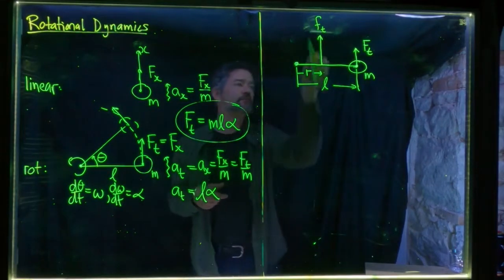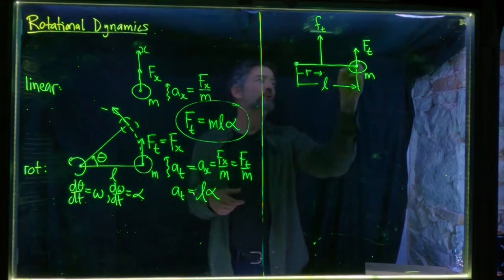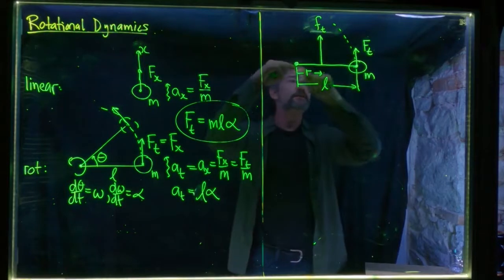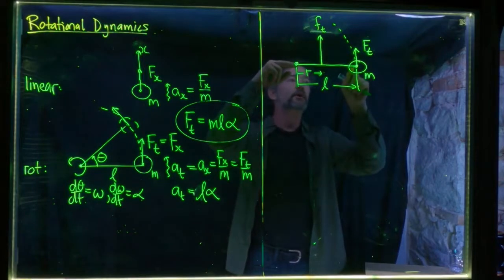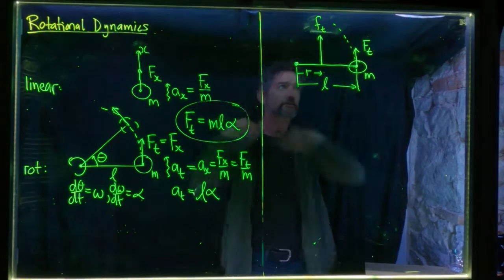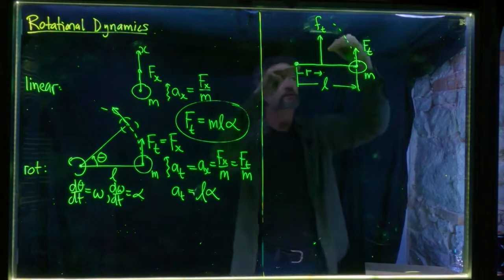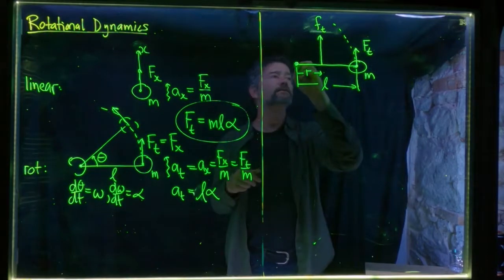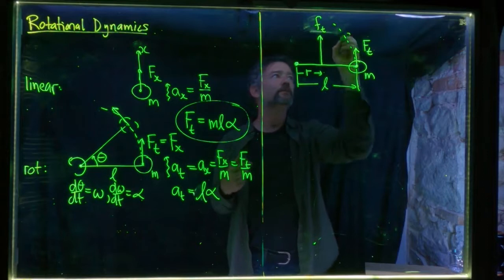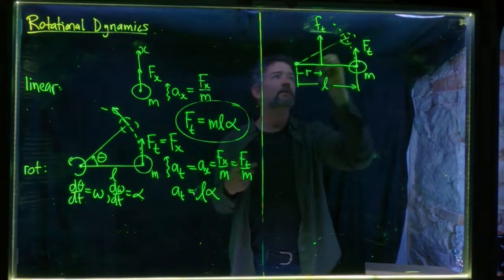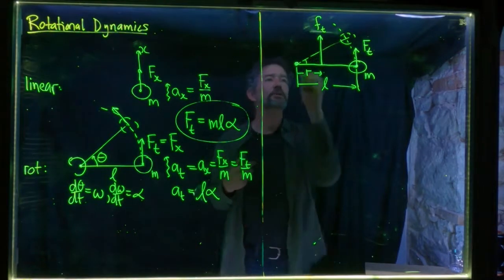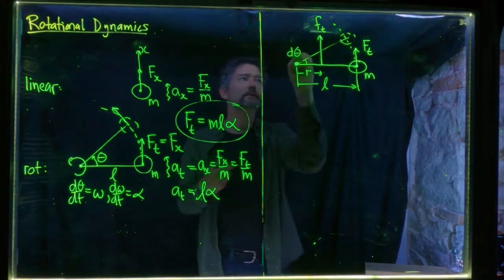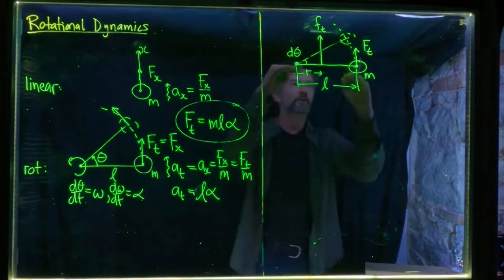It's still a tangential force. It's still tangential to a circle. So as this elemental rigid body starts to undergo angular acceleration faster and faster, it will rotate through some angle. Suppose after a second or whatever, it has rotated through this angle over here, and we'll call this angle d theta. So it's a very small angle theta that we've rotated it through.